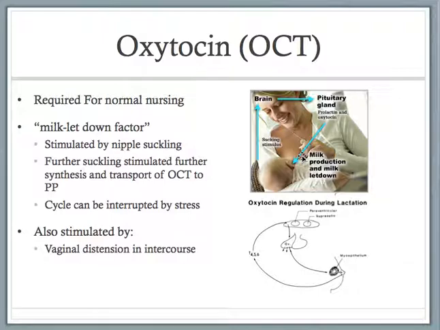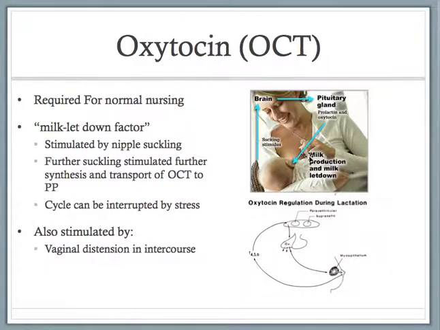So it's really important that oxytocin be stimulated to cause what's called the milk letdown or the milk ejection response. So taking a look at the picture here, the prolactin was made already by the pituitary, so there's milk continually being produced from the extracellular fluid and other things in the female's body.